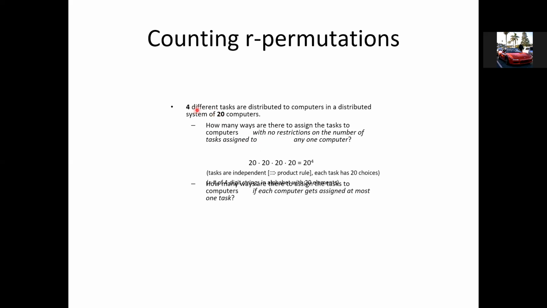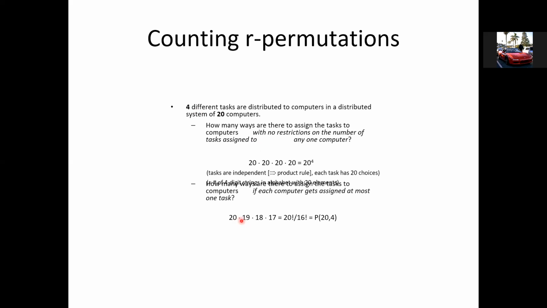So if I choose one of these computers for the first task, I no longer can choose it for the second. So it's a case of r-permutations. My alphabet decreases with every choice. If a computer was chosen to do the first task, then the number of computers from which I choose for the remaining tasks is restricted.